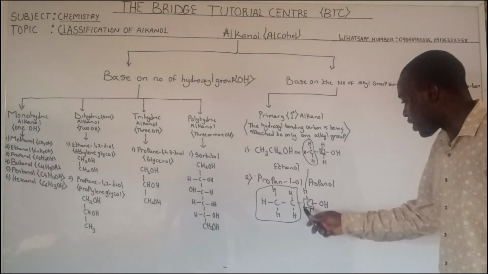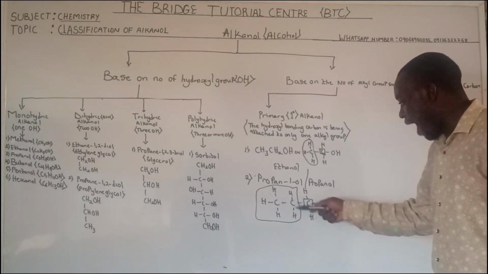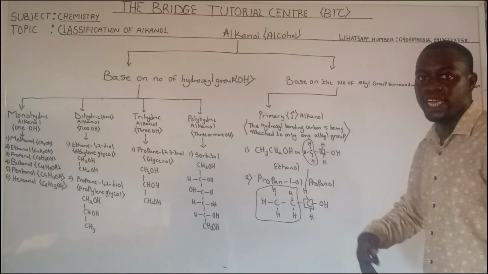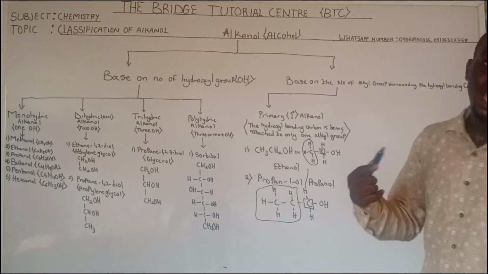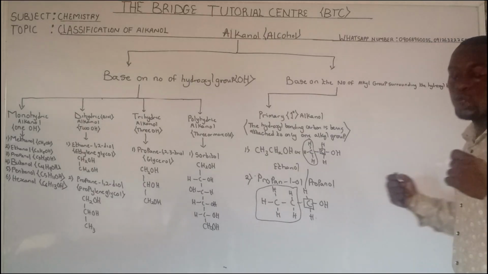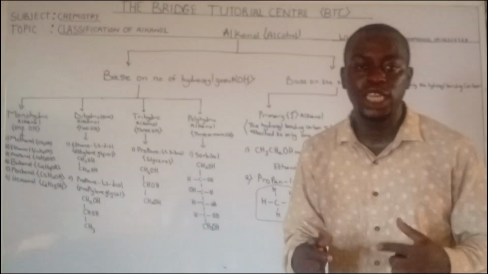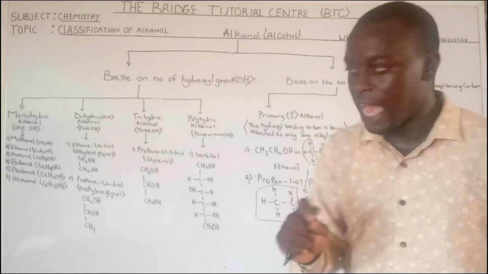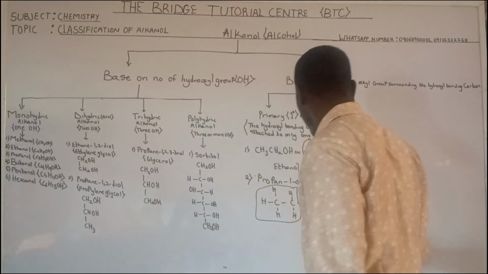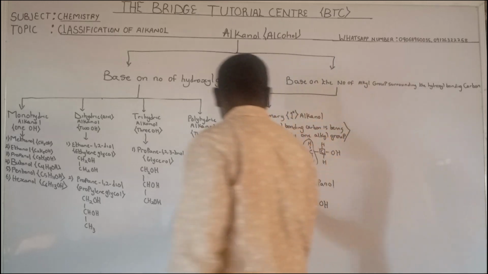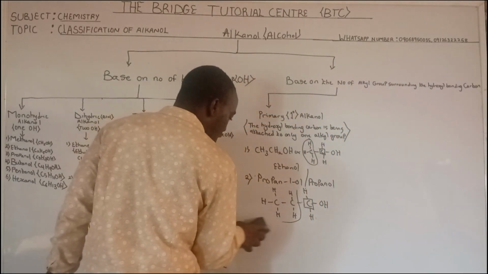In as much as we have only one alkyl group, we don't need to know whether it is methyl, ethyl, or anything else. You call it primary alkanol. Or to make it easier, I usually use carbon, and that carbon must be the one in direct contact with the hydroxyl bonding carbon.